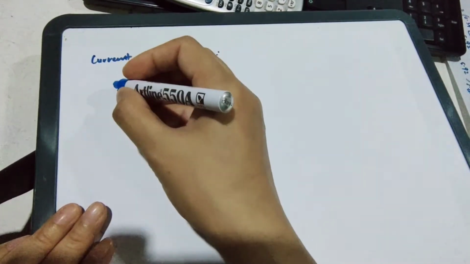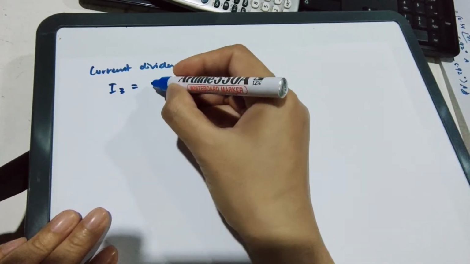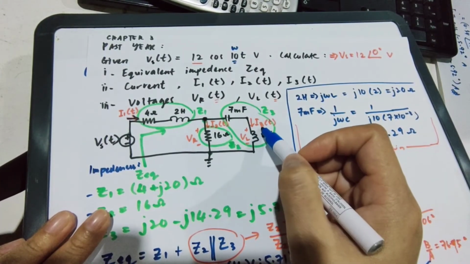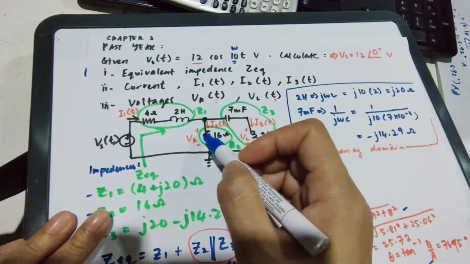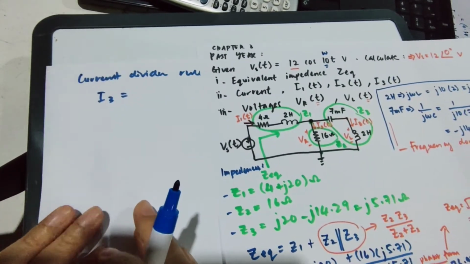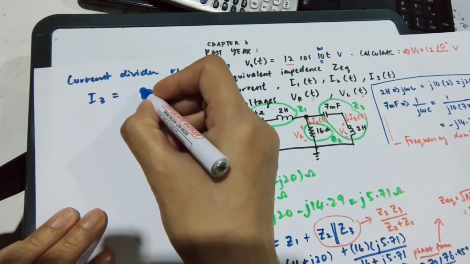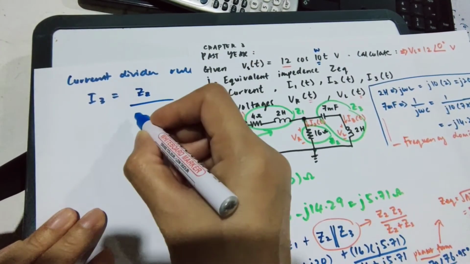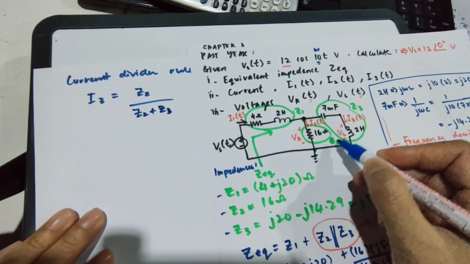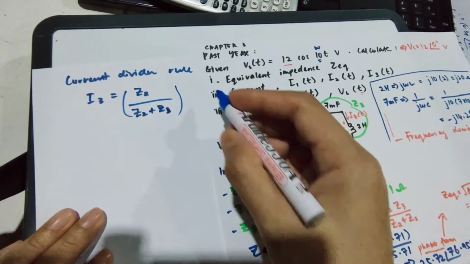Okay, using the same method, the current divider rule, we can get I3. Let's look back at the circuit here. Where is I3? Here is I3. At this branch, the current divider rule for I3 will be Z2 on top and Z2 plus Z3 at the bottom, all times the source current, which is I1.